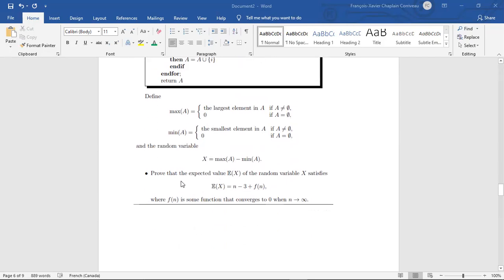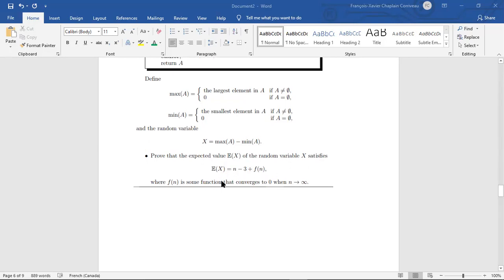Then we're asked to show, with this random variable X, the maximum minus the minimum, prove that the expected value of the random variable X satisfies E[X] = n - 3 + f(n), where f(n) is some function that converges to 0 when n tends to infinity. So it looks scary. Let's see if it's actually scary.